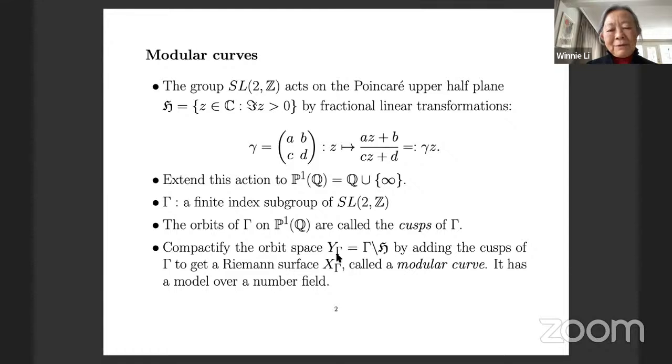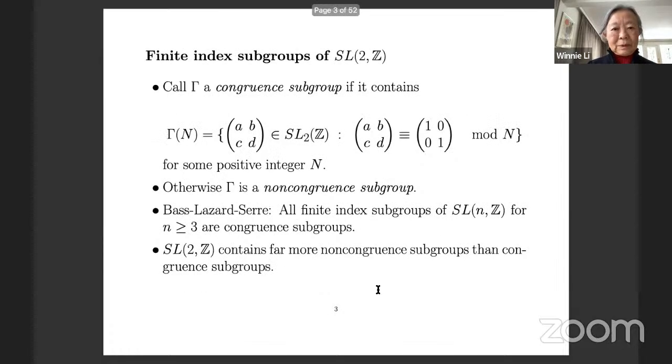So we can compactify it by joining the cusps of gamma, and then we get a Riemann surface, which we call X(gamma), and this is a modular curve, and it has a model defined over a number field. So gamma is called a congruence subgroup if one can define its entries using congruence relations.